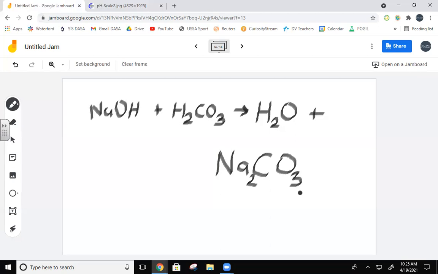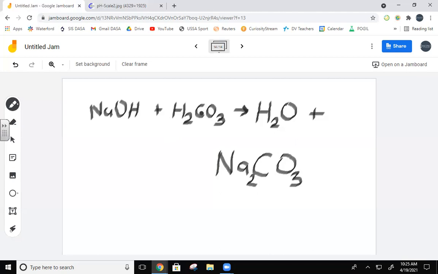Is the type of chemical reaction single replacement? That's a great question. So the type of reaction that we are having here is actually a double replacement. No, it's okay. Because what's happening is this H comes off and pairs up with this OH, right?